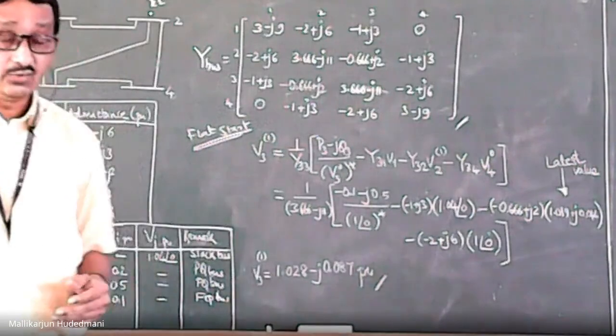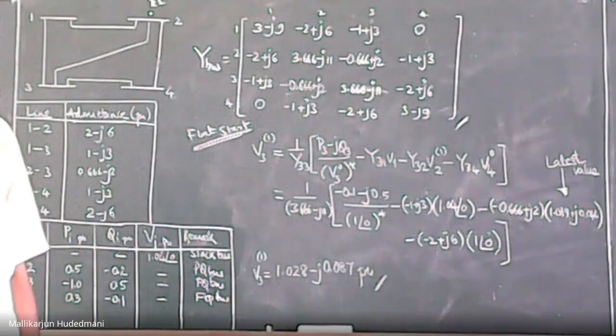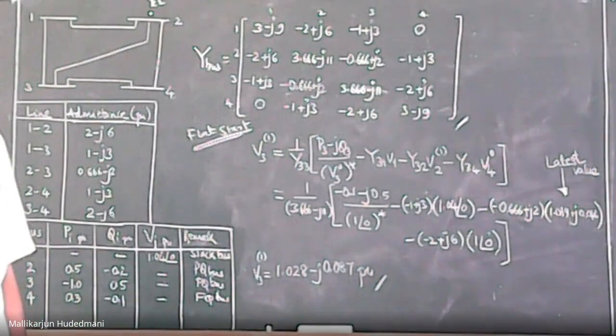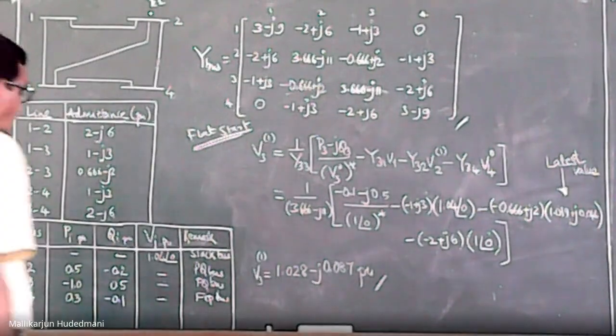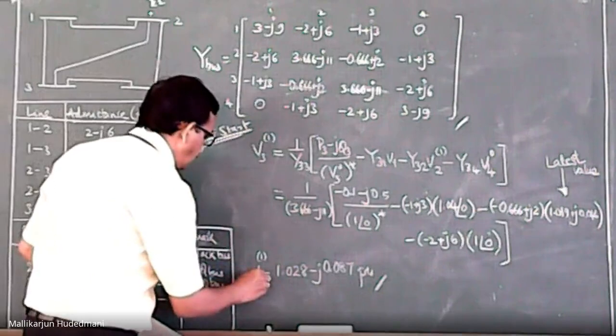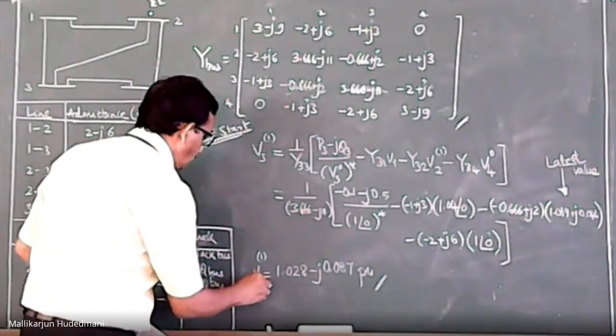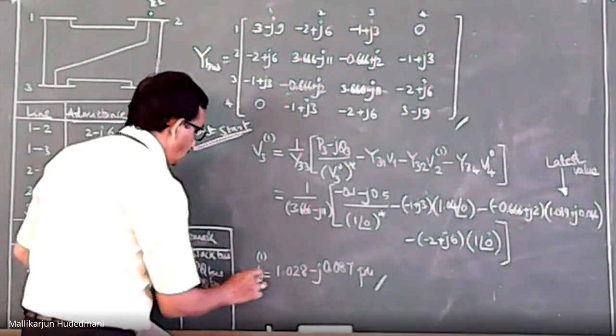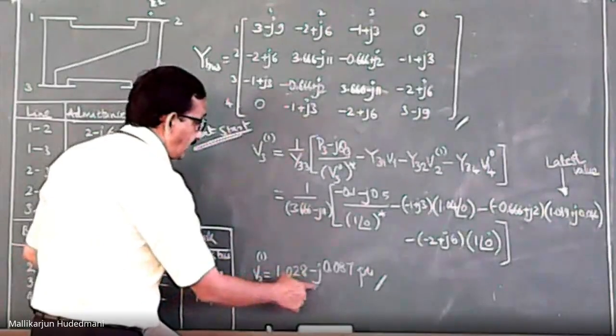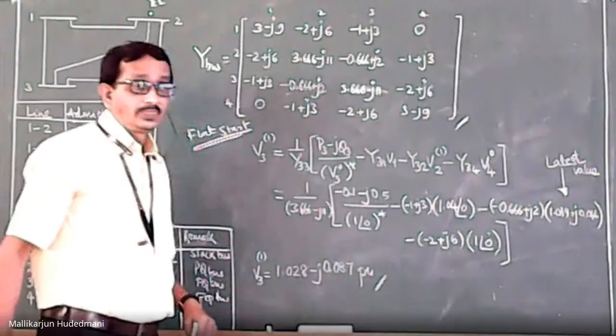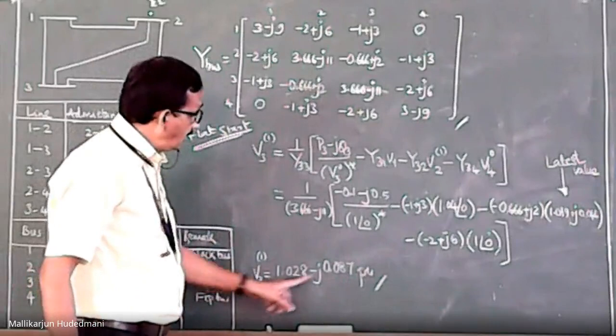Now you might ask me, why are you putting it in rectangular complex notation? What is wrong if you put it in polar? Absolutely correct. I have to express this V3, the bus 3 voltage, in rectangular as well as in polar. So I will have real and imaginary terms.